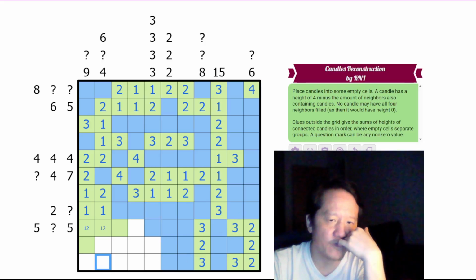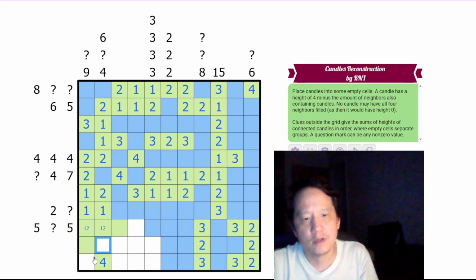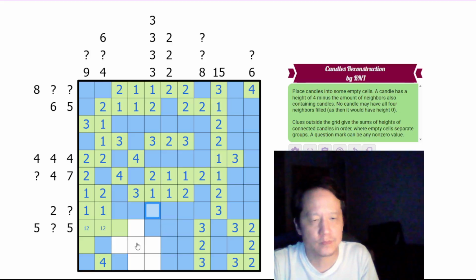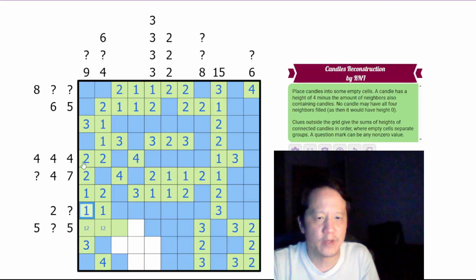We need a 4 here. So this would be 4. These would have to be neighbors without candles. So this would have 1 neighbor with a candle, so that would be 3. And that would not work.